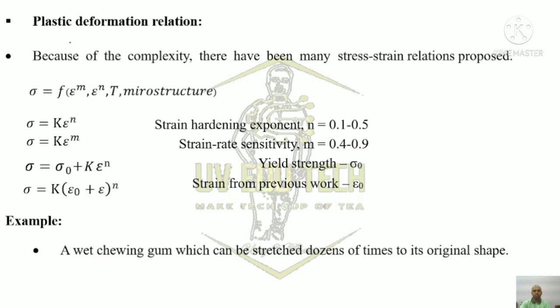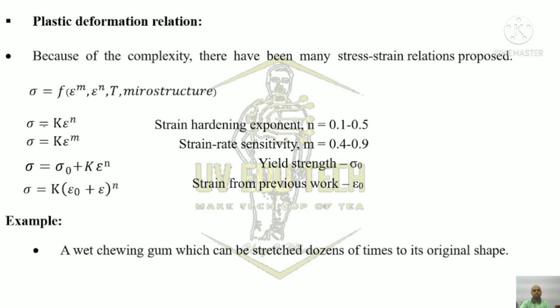Moving to the relations in plastic deformation. Due to the complexity of plastic deformation, many stress-strain relations have been proposed. Here, stress is a function of strain hardening exponent, strain rate sensitivity, time, and microstructure of the material. The relations in plastic deformation are as follows.